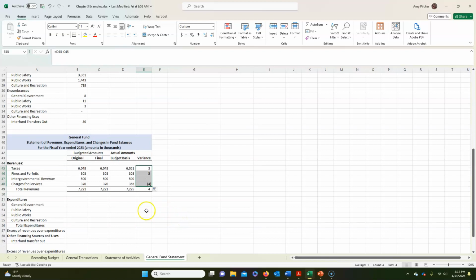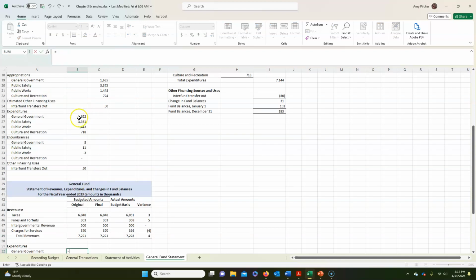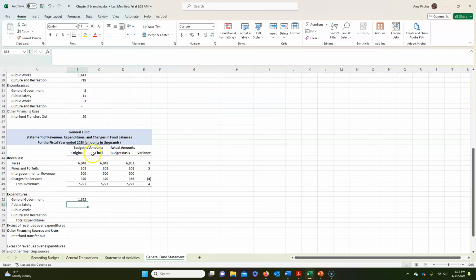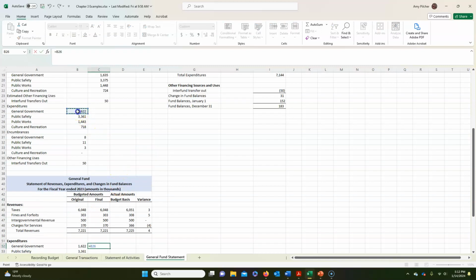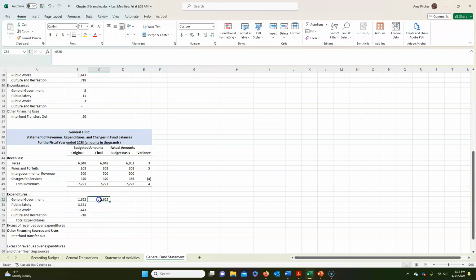Now we can look at the expenses. So of course the budgeted expenditures here and at the beginning and the final are exactly the same because our budget wasn't amended during the year.